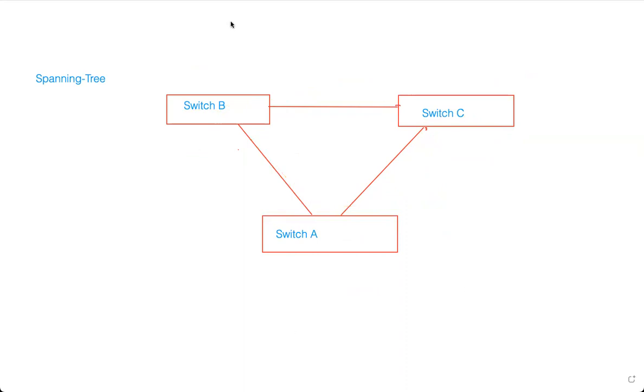Okay, so now let's say the priority is 100 here, 500 here, 300 here. This one will become our root, right? Because it's the lowest priority. And this one will be in the forwarding state.